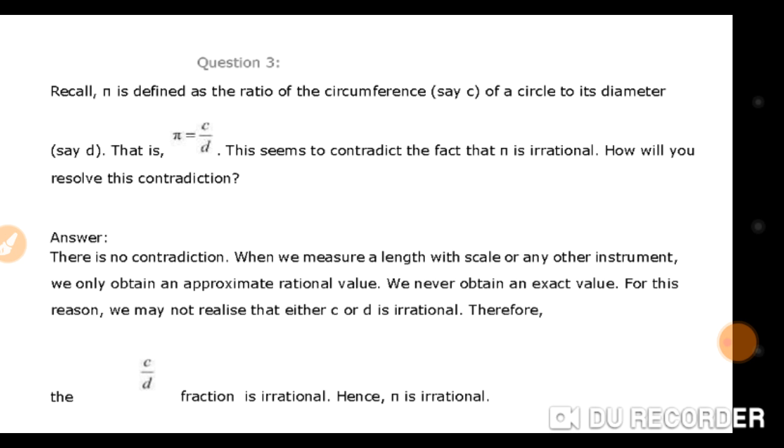But as we know that pi is an irrational number, and here they have written pi equals c upon d, it means either c or d, one of them is irrational. That's why pi is an irrational number. So we can say c upon d fraction is irrational, hence pi is irrational.